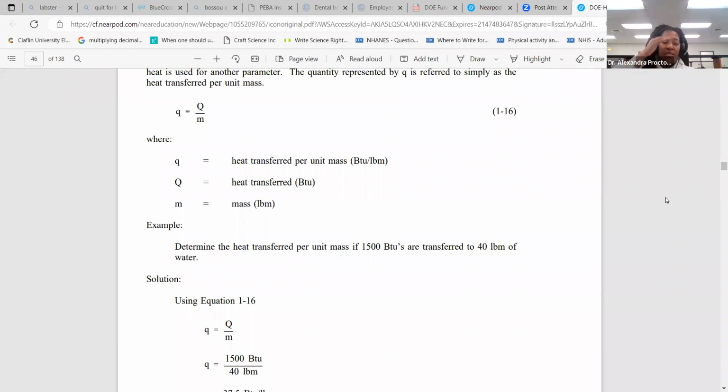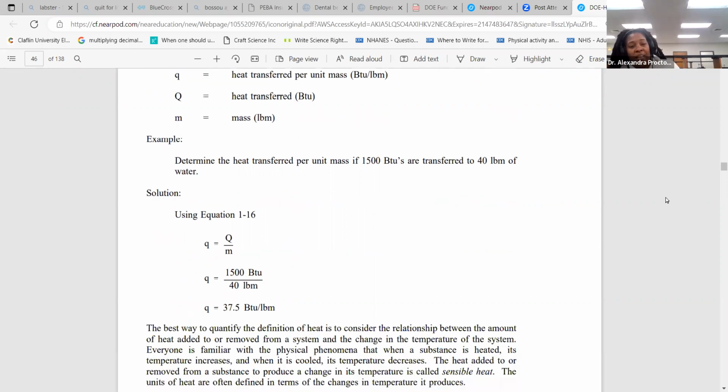So they give you an example to determine the heat transfer per unit mass. If 1,500 BTUs are transferred to 40 pounds of water, you use the aforementioned equation, lowercase q is equal to capital Q over M, and then they substitute in 1,500, which is the heat transferred, divided by the mass, which was 40 pounds mass of steam.